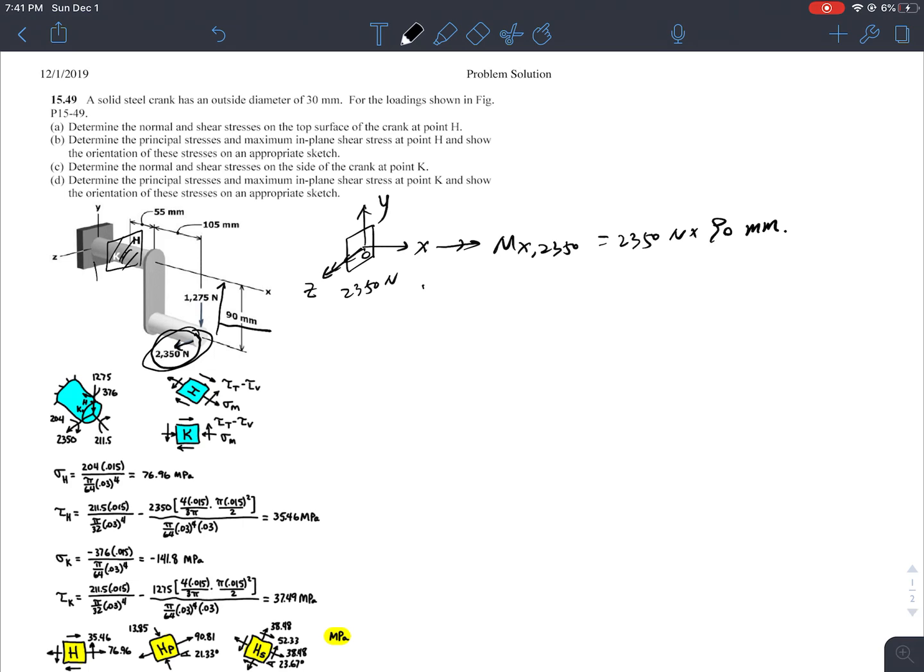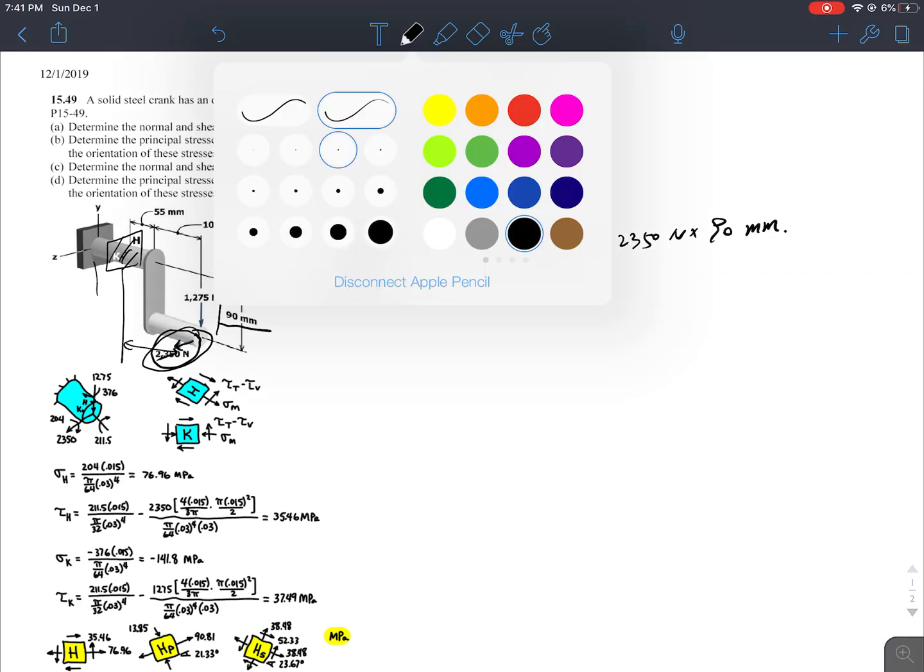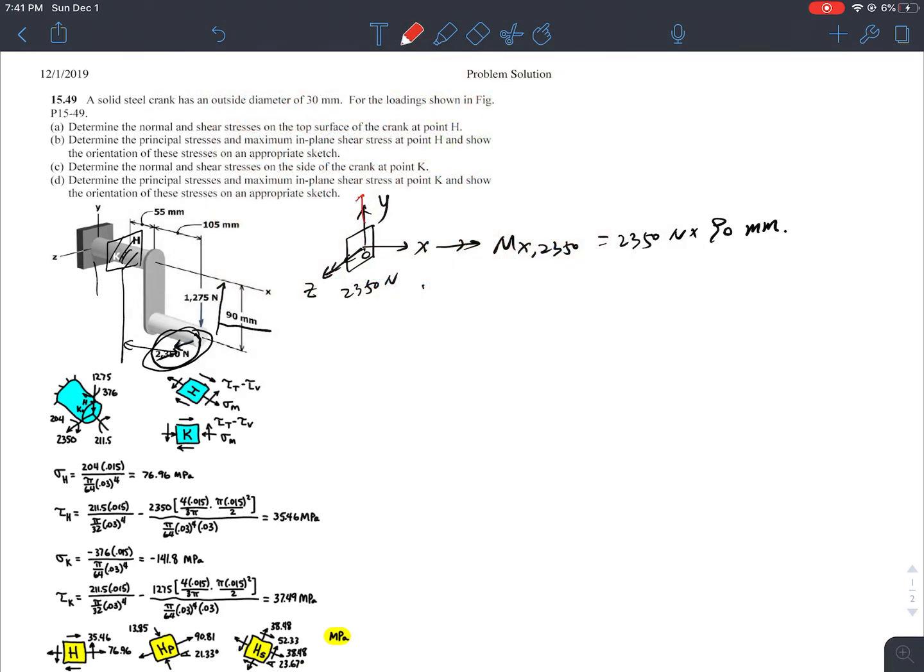Okay, and don't forget, I also have to move a distance of this much to the cross section. So I will also introduce a moment in the y direction, let me use a different color here.